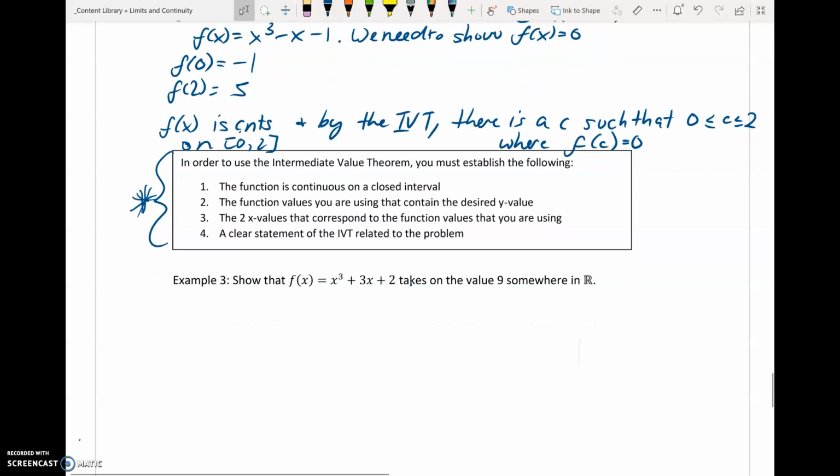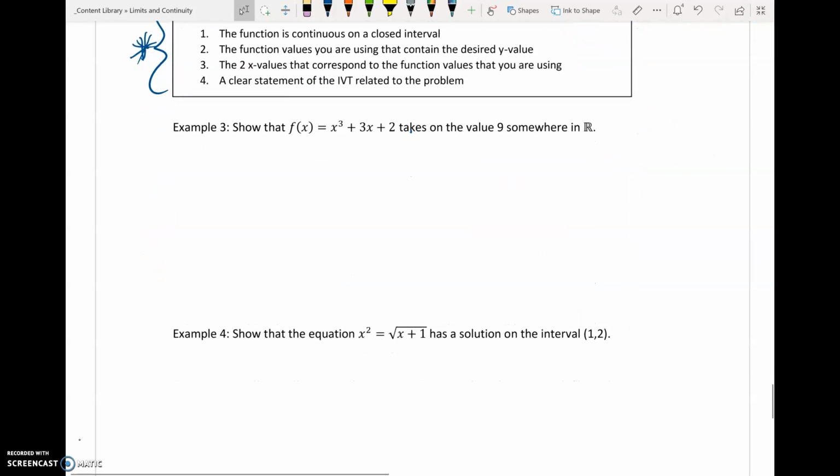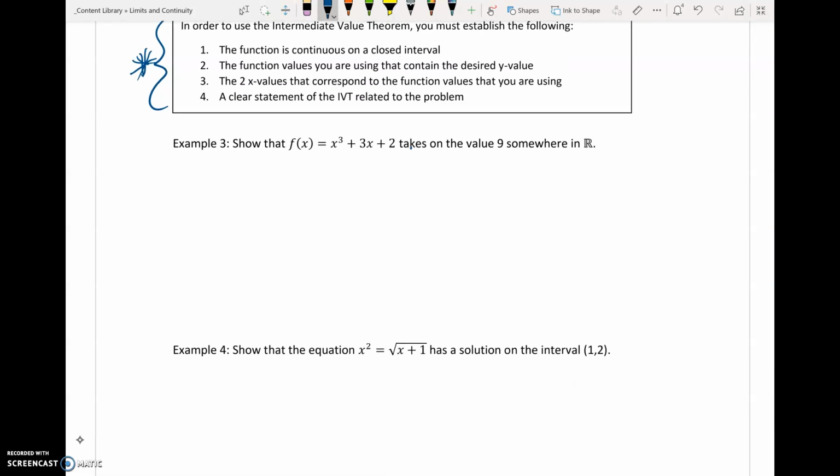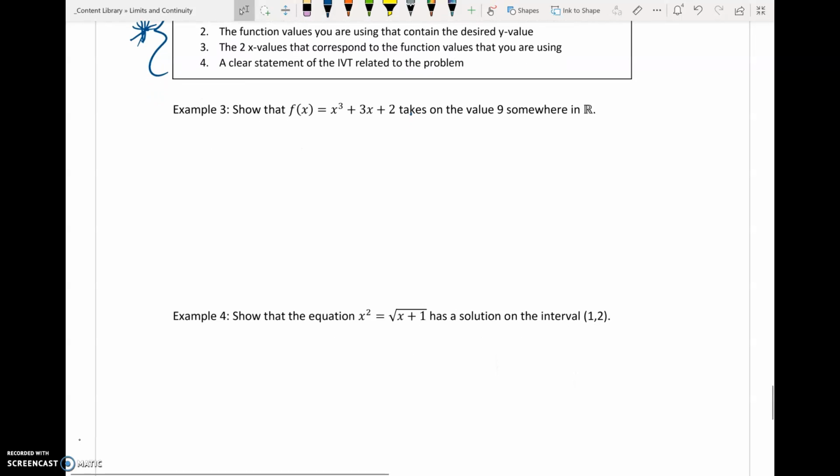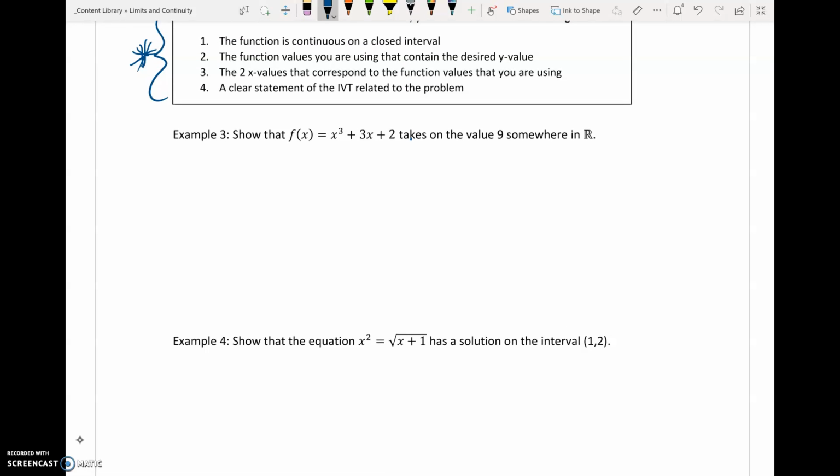So we're going to do the same thing for example 3 and 4. We're going to use these 4 as our guideline to do these examples. So we want to show that f of x is equal to 9 somewhere. And we're going to use these as our guideline to do that. So we need to state that f is continuous because it's a polynomial.